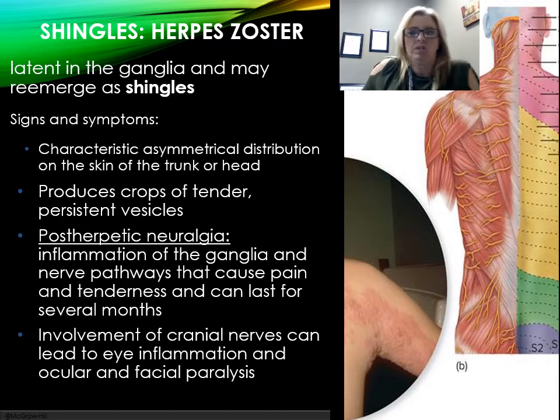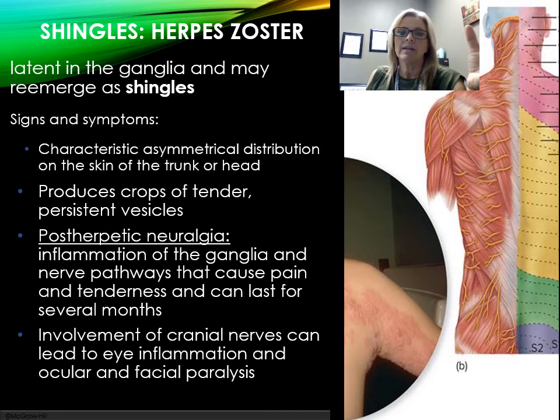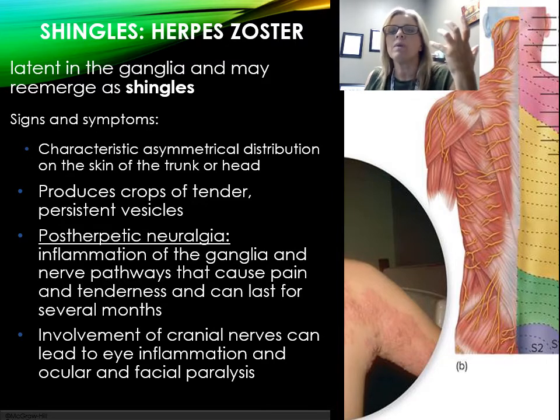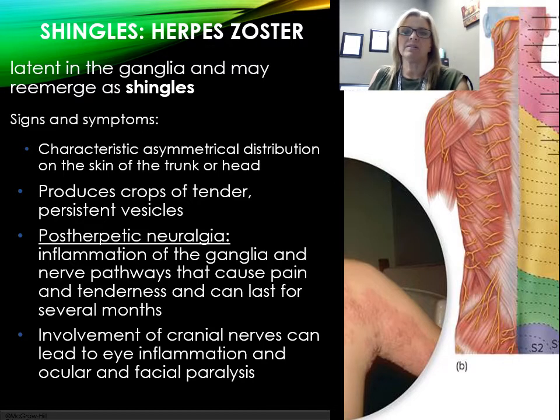The human is going to be the reservoir, and this can cause chickenpox and then that latent virus of shingles. It's the sensory endings of the spinal nerve branches that the virus enters and just sits there. It can then reemerge as shingles after being reactivated by things like stress, immunosuppressive agents, other illnesses, or any other thing that can cause a reemergence.